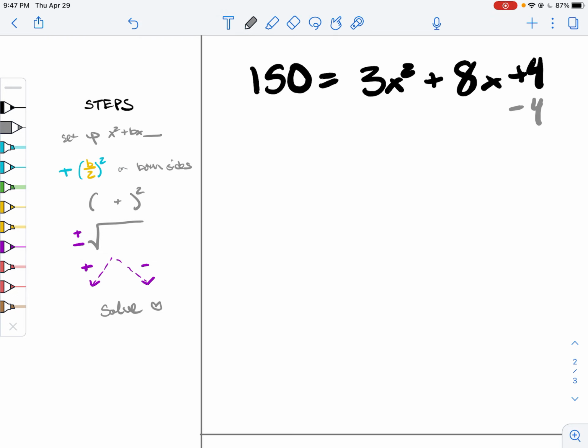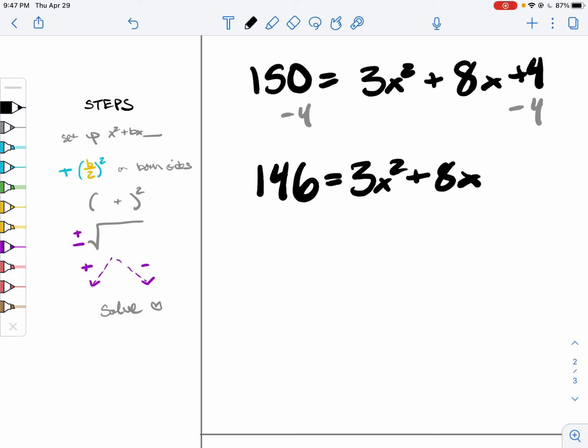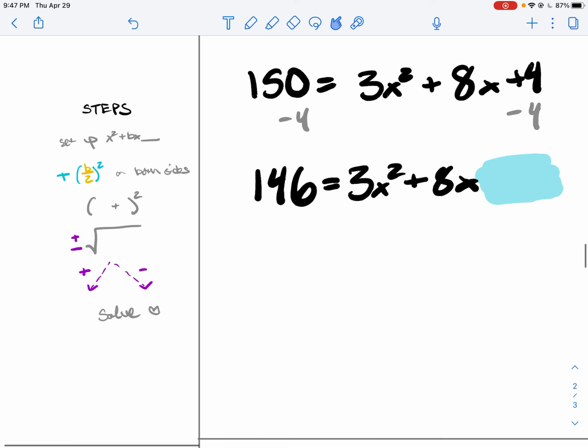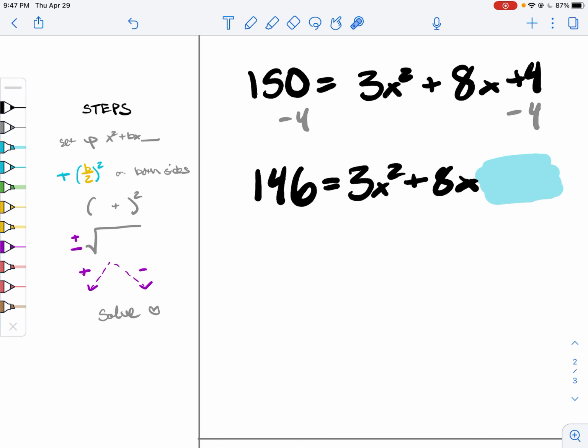So let's get rid of that 4, move him to the other side. We've got 146 equals 3x squared plus 8x plus something. What's that going to be? Just kidding. We can't use that yet because we don't have x squared plus bx. We have 3x squared plus 8x.